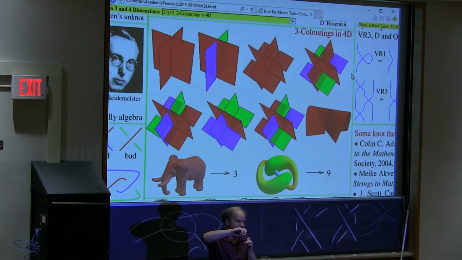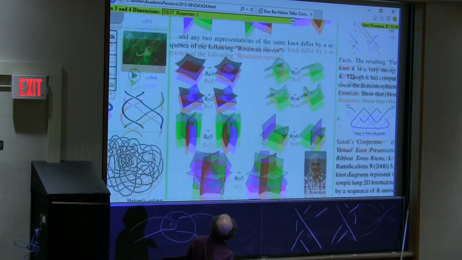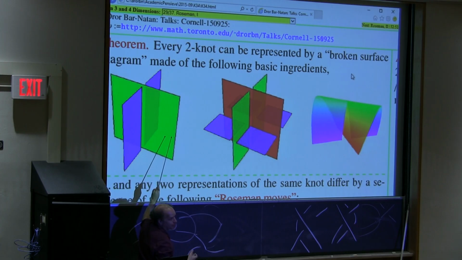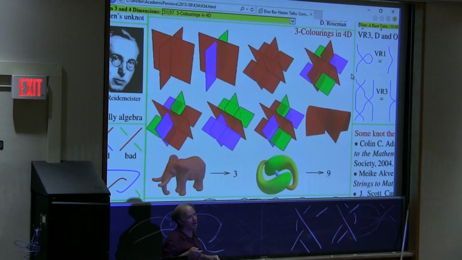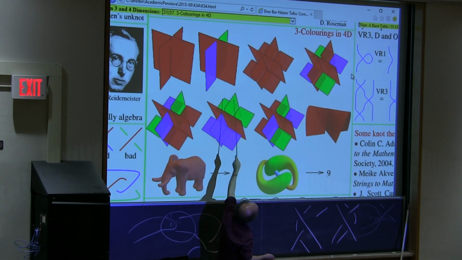So instead of coloring arcs, I'll color unbroken patches of surface, and the rule would be that whenever I have a singular line, well, around the singular line, there are 3 pieces of surface. The one that goes through and the 2 sides. And these 3 should be colored by either just 1 color or 3 colors. So the 2 legal colorings of a singularity like that are either all red or red, green, blue.